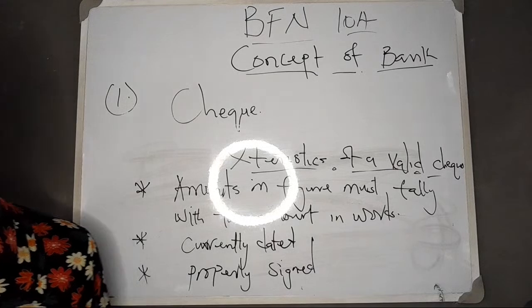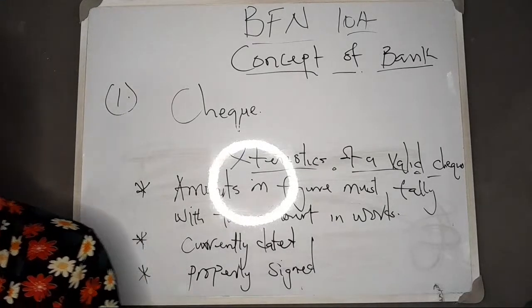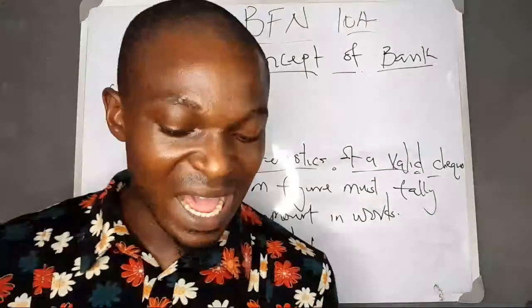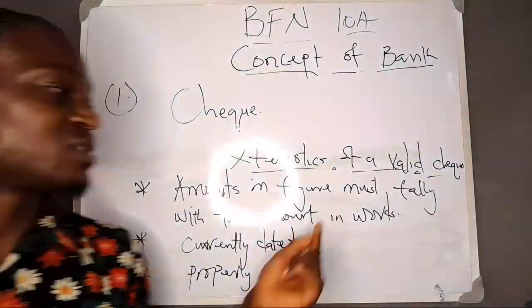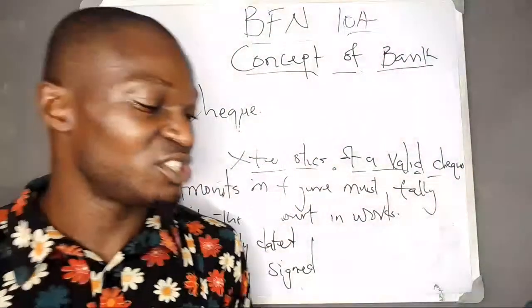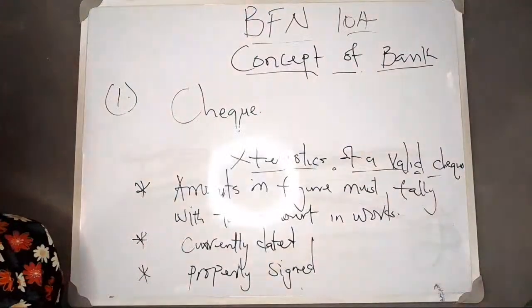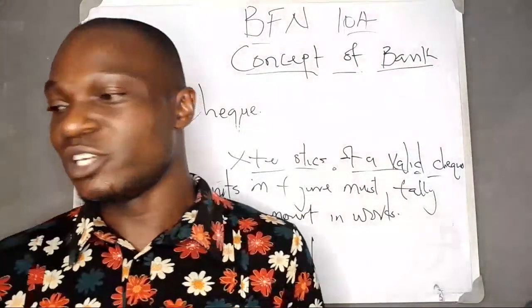And another characteristic of a valid check is it must be signed by all the signatories if it is a company check. If it is a company check, it must be signed by everybody that is entitled to sign the check. If it is the chairman or the director or the secretary of the company, all of them must sign the check.